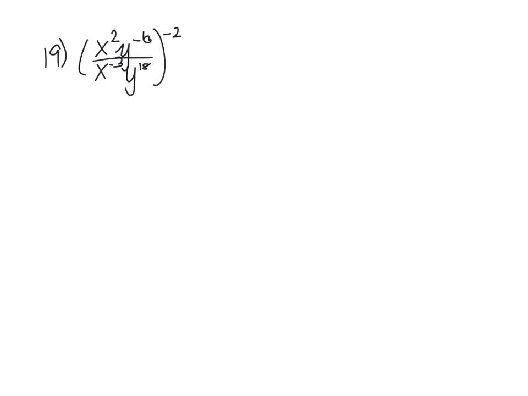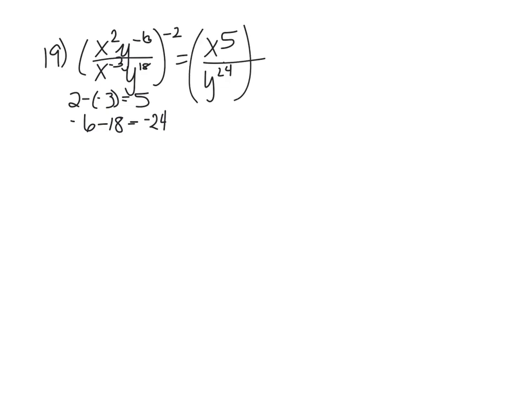So I get x squared divided by x to the negative 3. That's 2 minus negative 3, which is 5. So it's x to the 5th. And then it's negative 6 minus 18, which is negative 24. So then it's y to the 24 in the denominator, because it's negative.